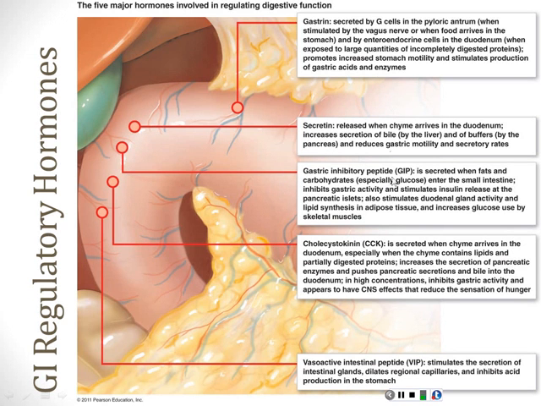Now, the reason for that is fats take a long time to digest. So the digestive tract has to slow down in order for fat digestion to complete before the substances enter the large intestine to be gotten rid of. And so slowing the stomach down slows the whole system down to give time for those fats to digest.